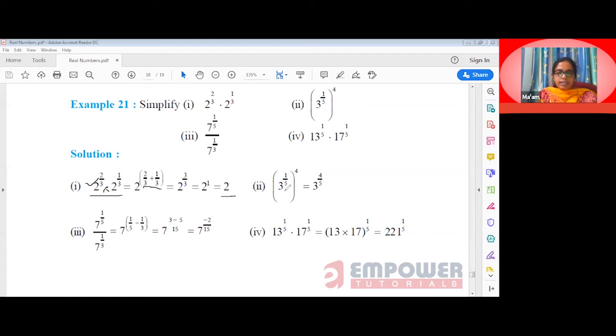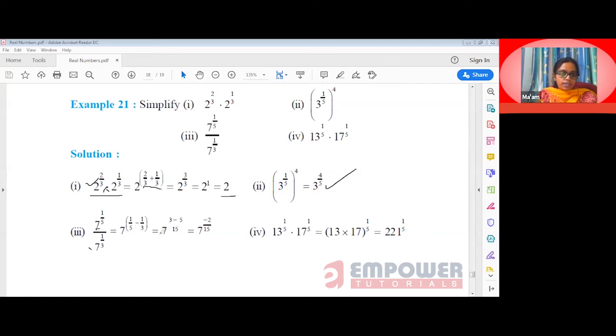In this case, there is a raised to m raised to n form. So this will be 3 raised to 4 by 5 form. Okay, so a raised to m raised to n is equal to a raised to m into n. Here I have the same base, but there is a division sign over here and different exponents. So what I am going to do is subtract 1 upon 3 from 1 upon 5.